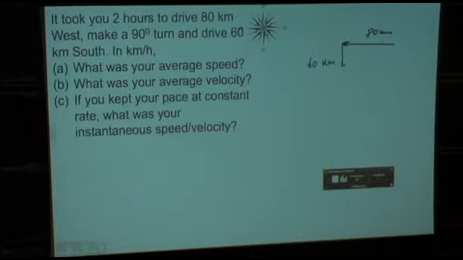What is the total distance traveled? Exactly. So if I want to calculate the average speed, according to the definition, I have to calculate the total distance, well, 80 plus 60, and divide by the total time.